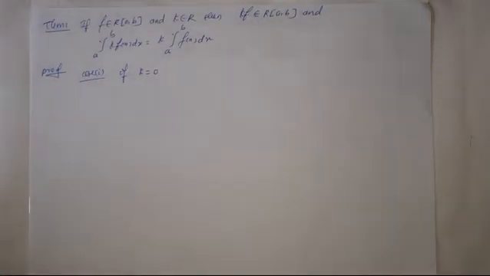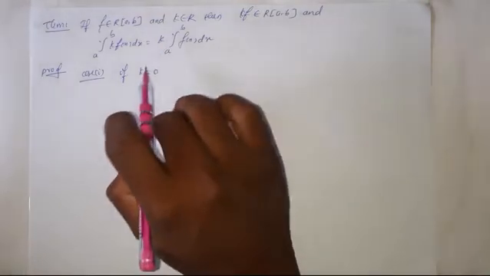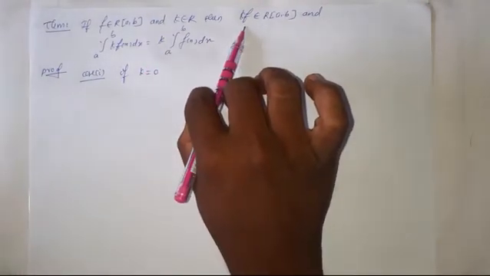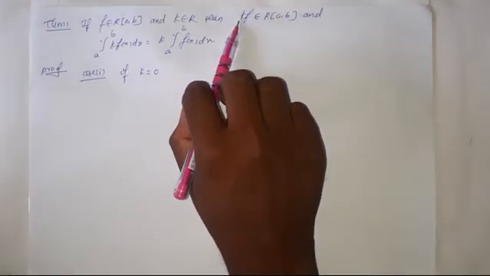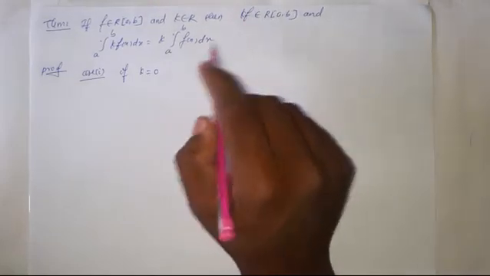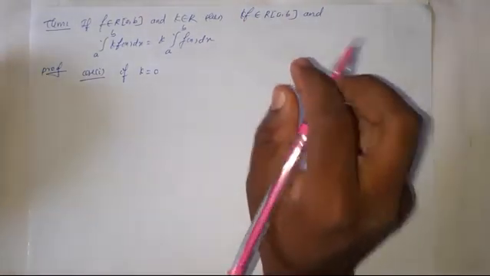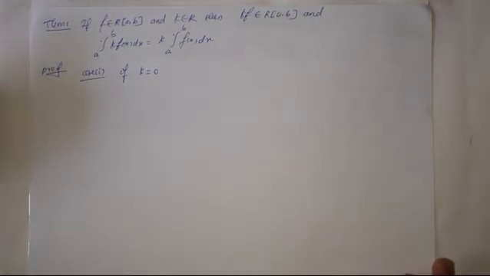So if k is equal to 0, then what happens? Here k into f is there, so therefore 0 into f is equal to 0. So for any constant function, that function is always Riemann integrable.